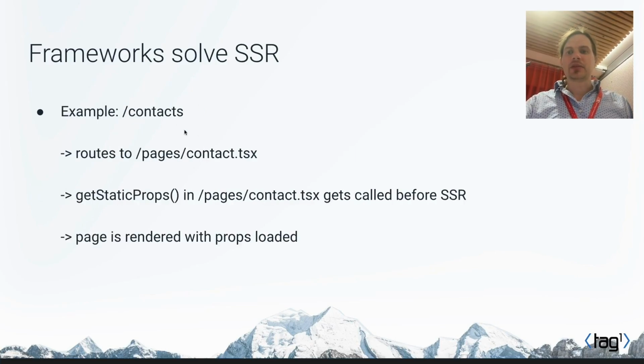So for example, if you use /context, then it routes to /pages/context.tsx, then it calls this getStaticProps function in pages/context.tsx that gets called before the server-side rendering is running, and then the page is rendered with the props already loaded.